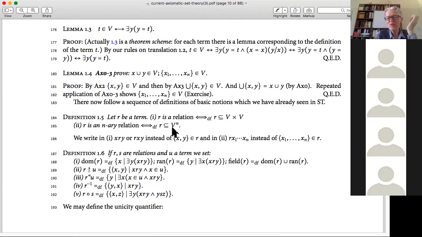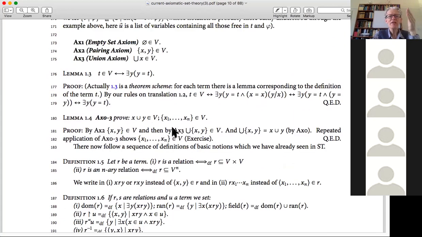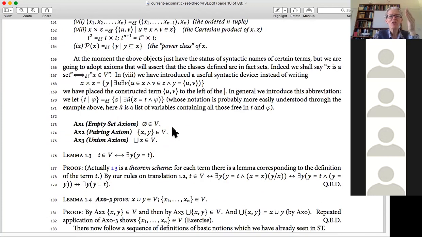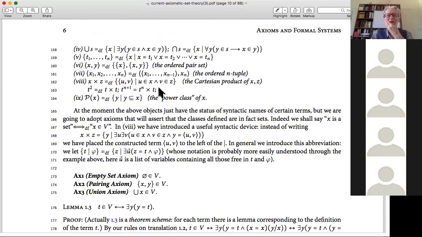But notice V cross V n times, if you look back to what the Cartesian product is up here, you'll see, if I think of T as V here, it's n plus 1.